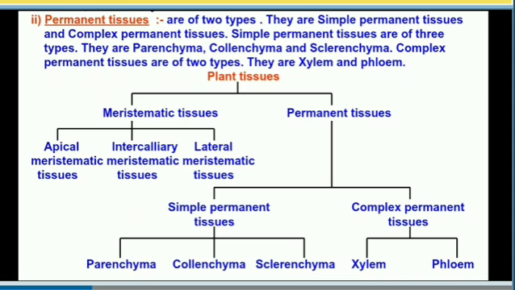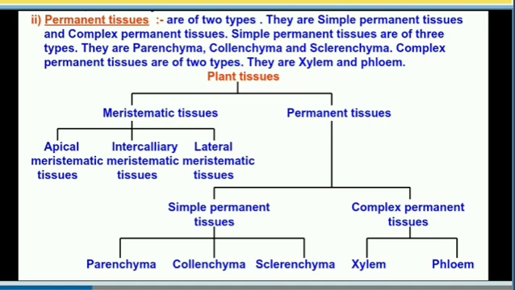Their cell walls are very thin and they are generally living cells, mostly arranged having large spaces between the cells.